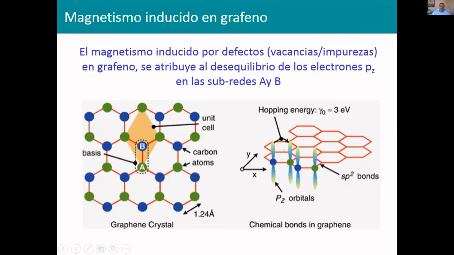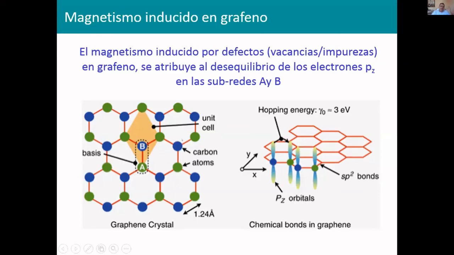As we know, the chemical bond in graphene is an sp2 bond in the plane, and a pi bond in the perpendicular direction to the graphene.